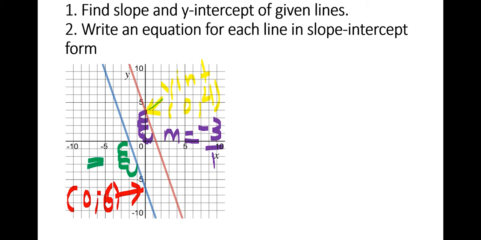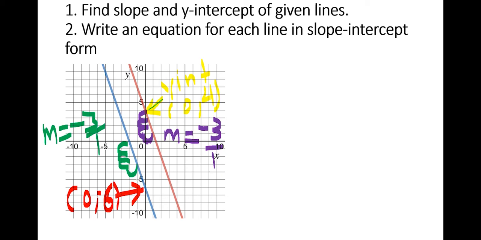So our m for the blue line is negative 3 over 1. You can see in this example also the slope is the same, the y-intercept is different.